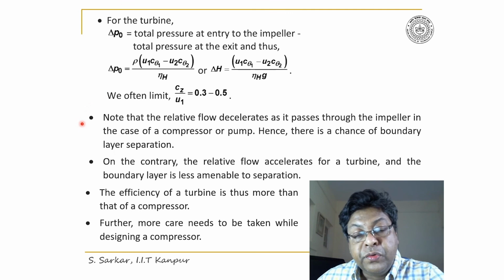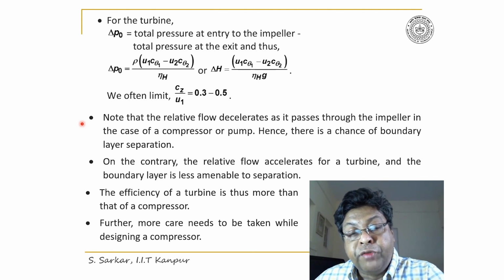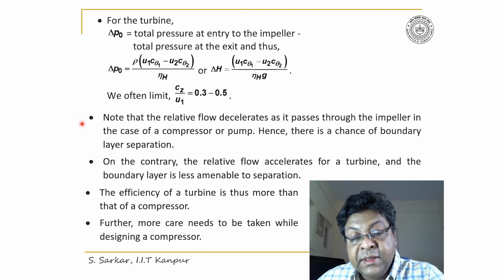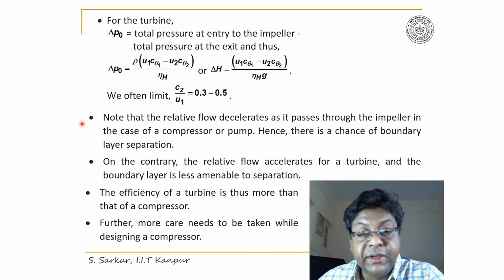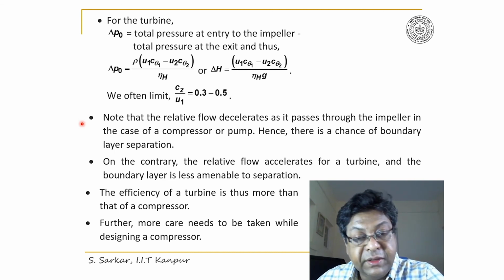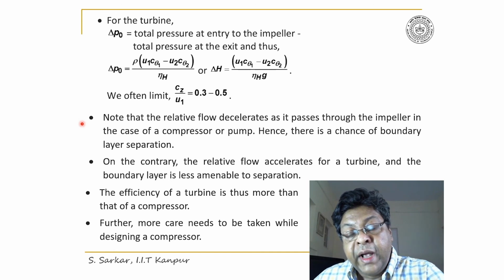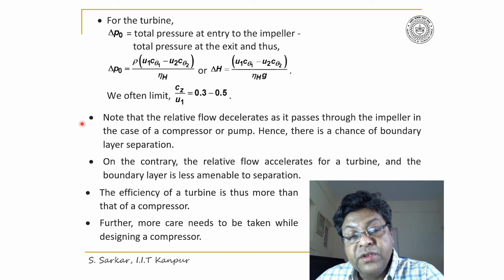I would like to tell you one very important point, that for a compressor, the flow decelerates. Thus, the boundary layer on the blade surface grows against an adverse pressure gradient. And so there will be a chance of separation.